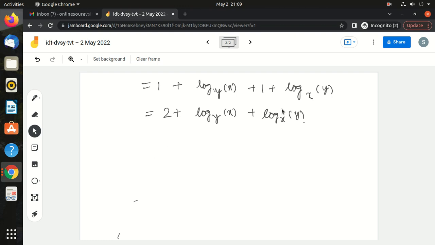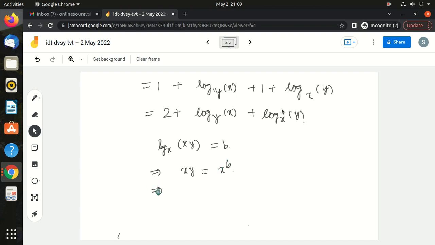So your thing was log x of xy, this was equal to b, and that means xy equal to x to the power b. Yeah, I was wrong.